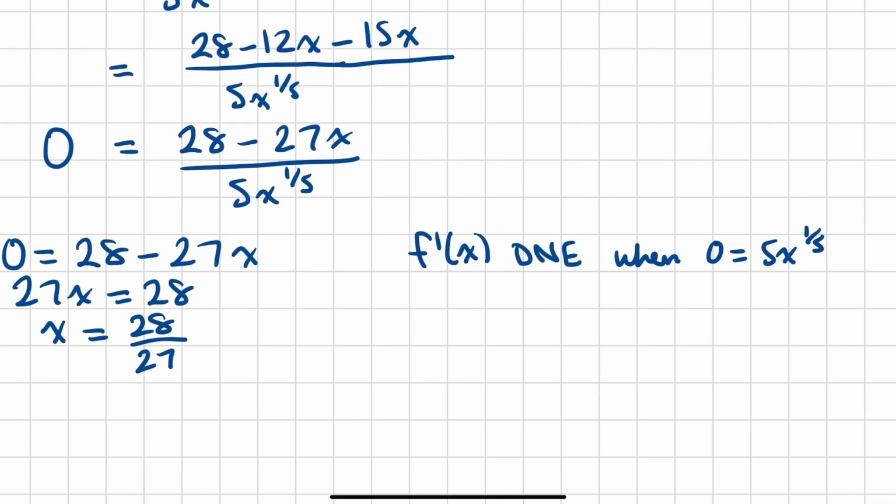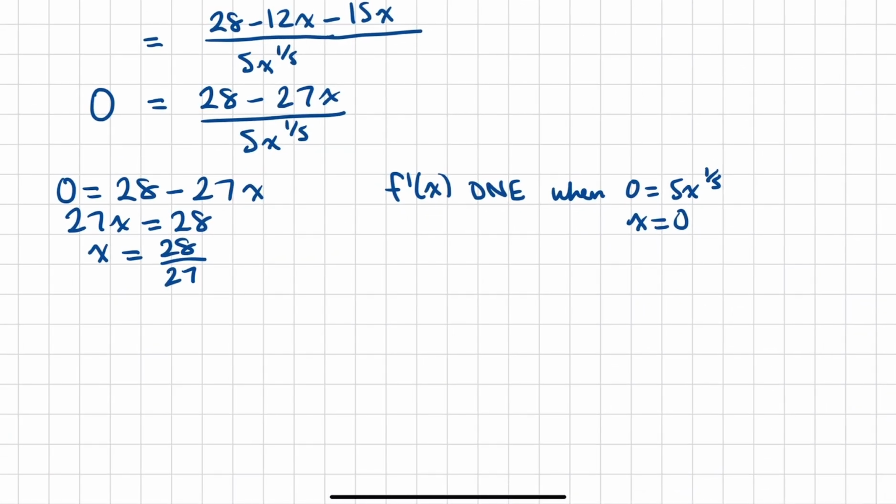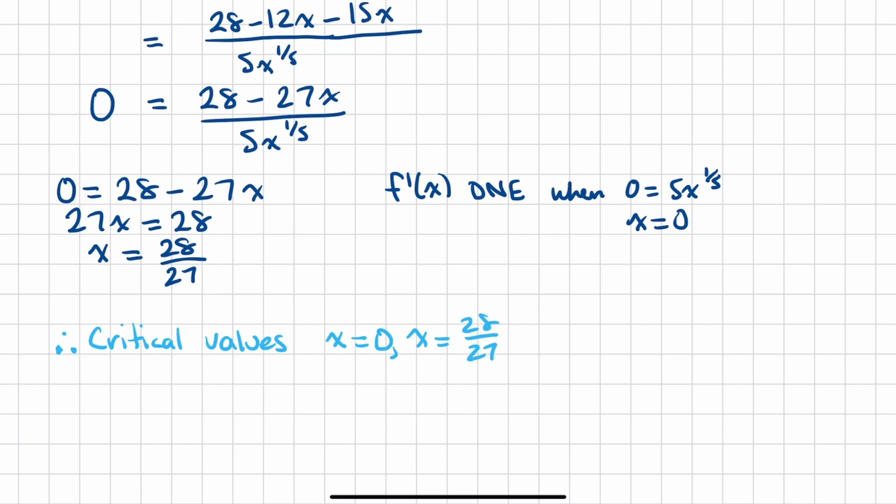And solving for x here, we're just going to get x is equal to 0. And so therefore, we can say that our critical values are simply just going to be x equals 0 and x equals 28 over 27.